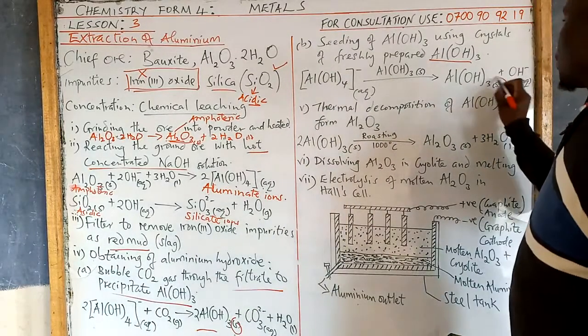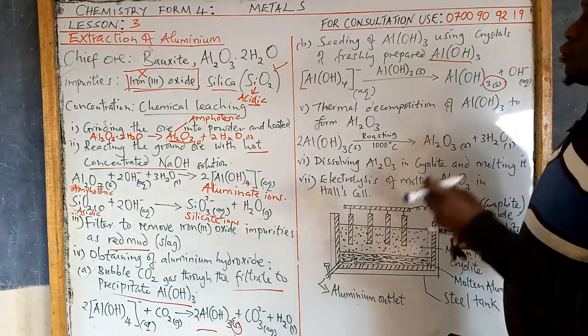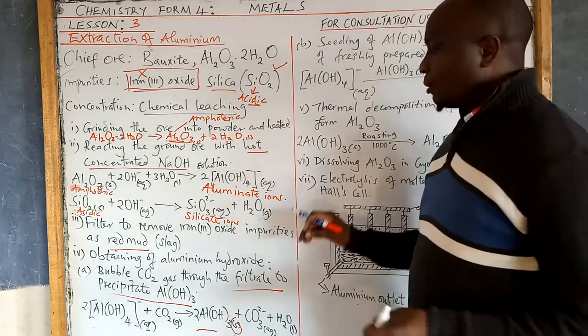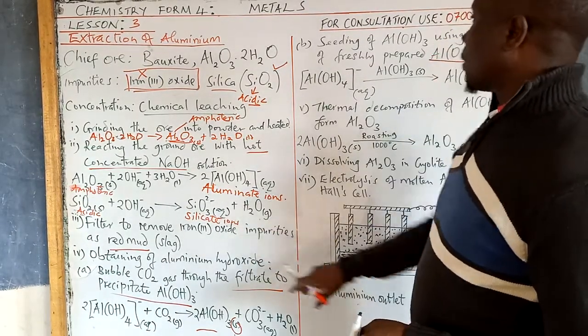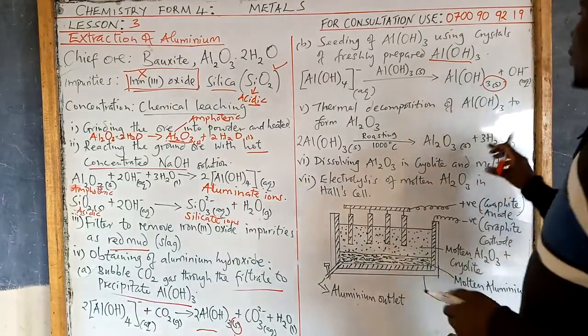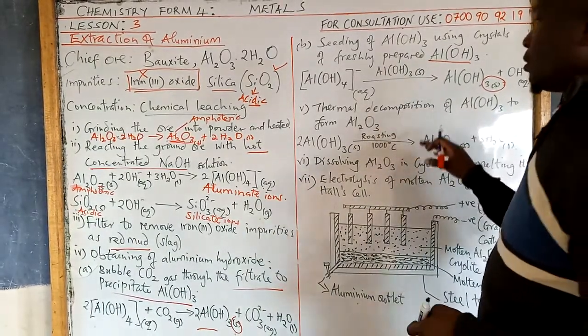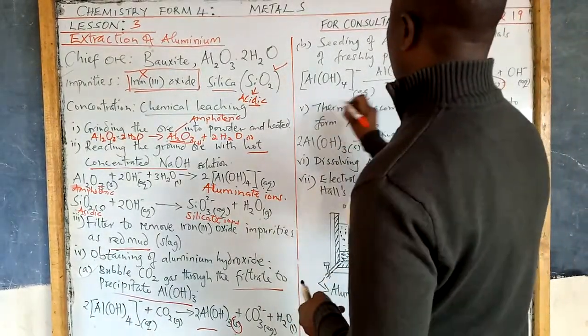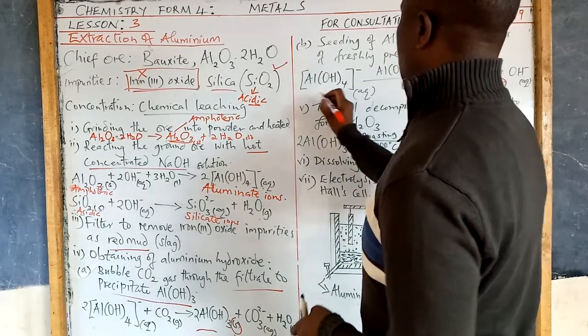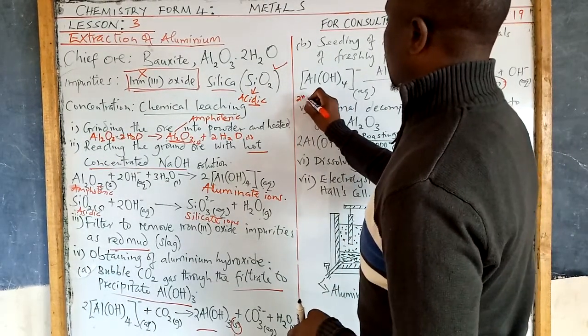That means you have silicate ions remaining in solution. So at this point, then you can do the filtration. So in fact, I should have indicated, after this process, we have the second filtration.